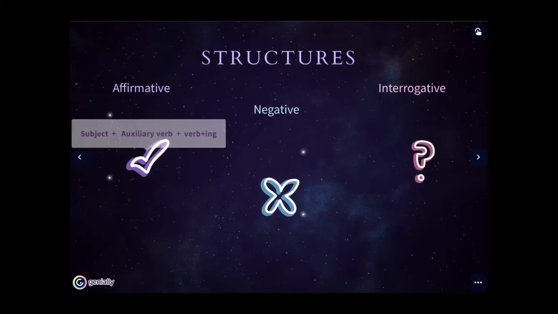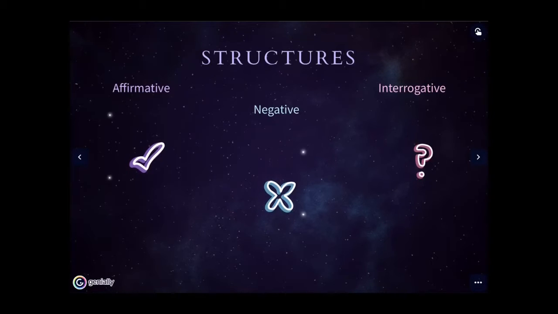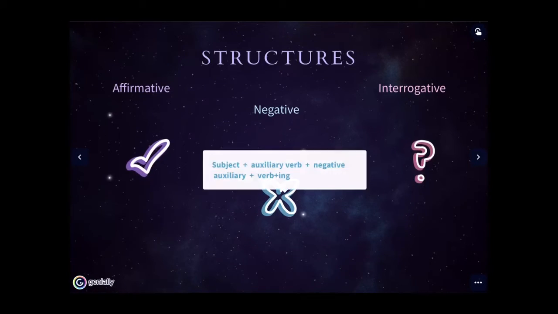Okay, let's continue with the negative form. We first put the subject. It can be it, she, they, we, I. Then we put the auxiliary verb, and to make a negative sentence it is very important to add the word not.